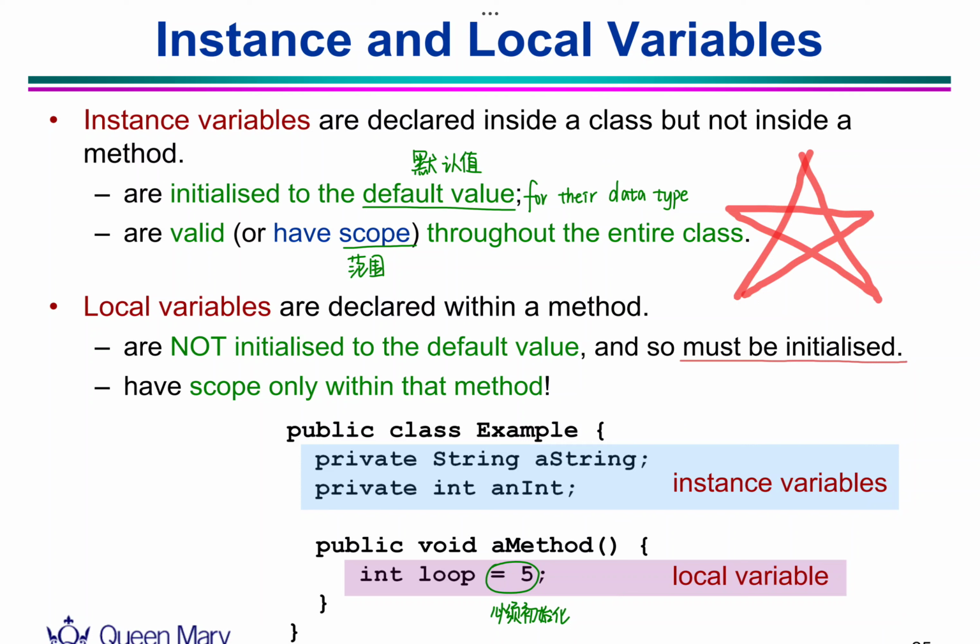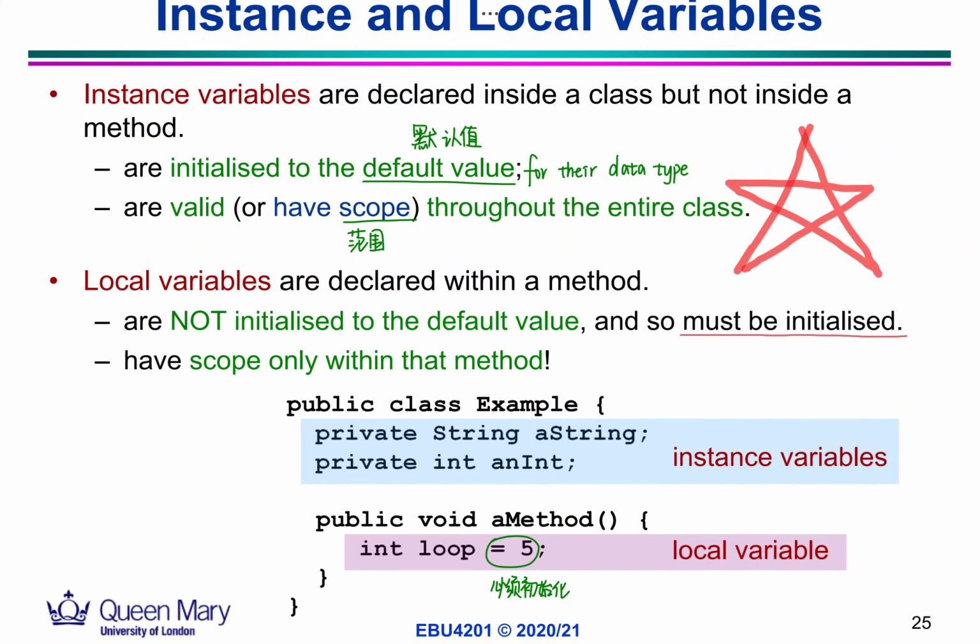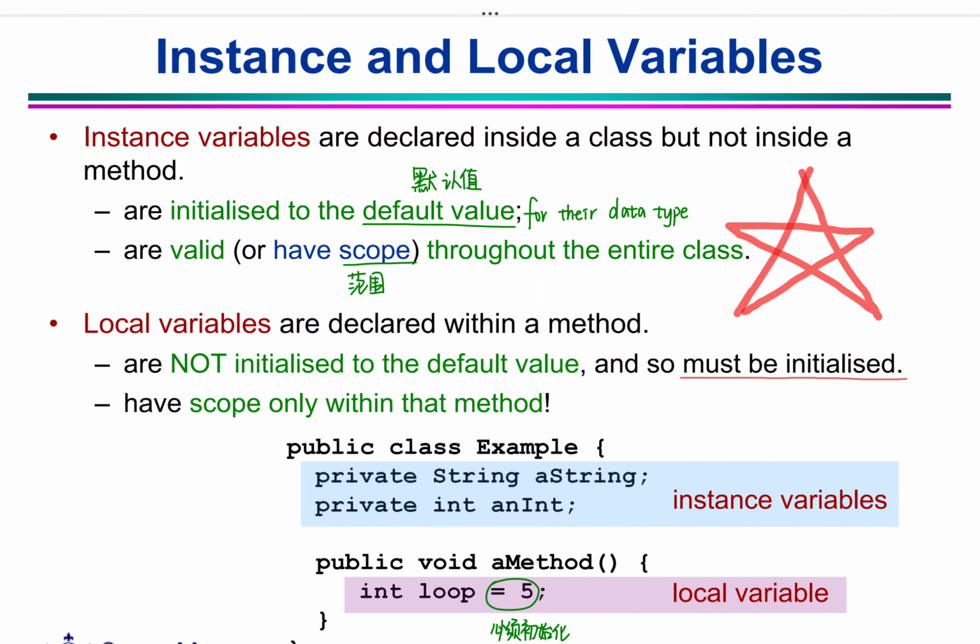It is initialized to the default value and is valid throughout the entire class. I think I should deliver more information than this slide. So what is an instance variable? It exists only in the class and not in a method, and then we can set some configuration about initializing, and it is all valid.